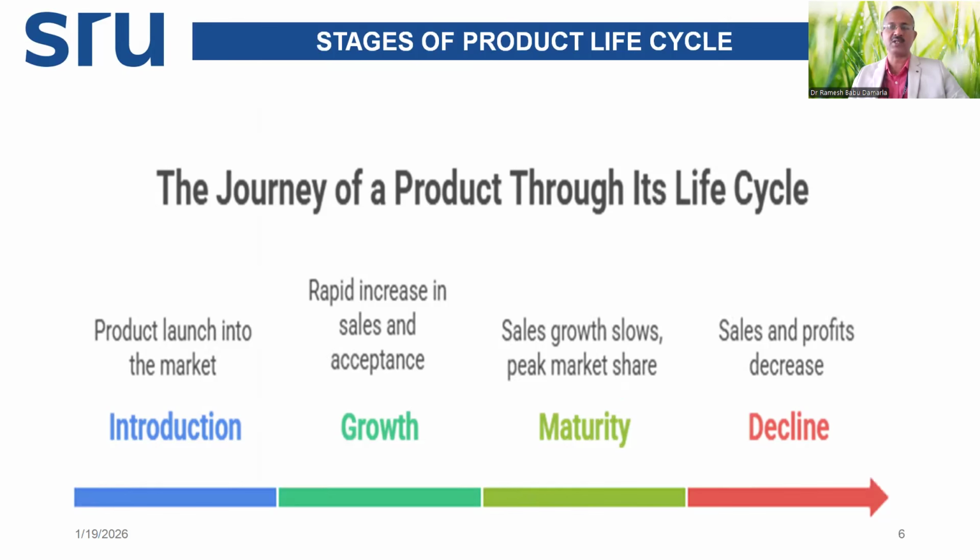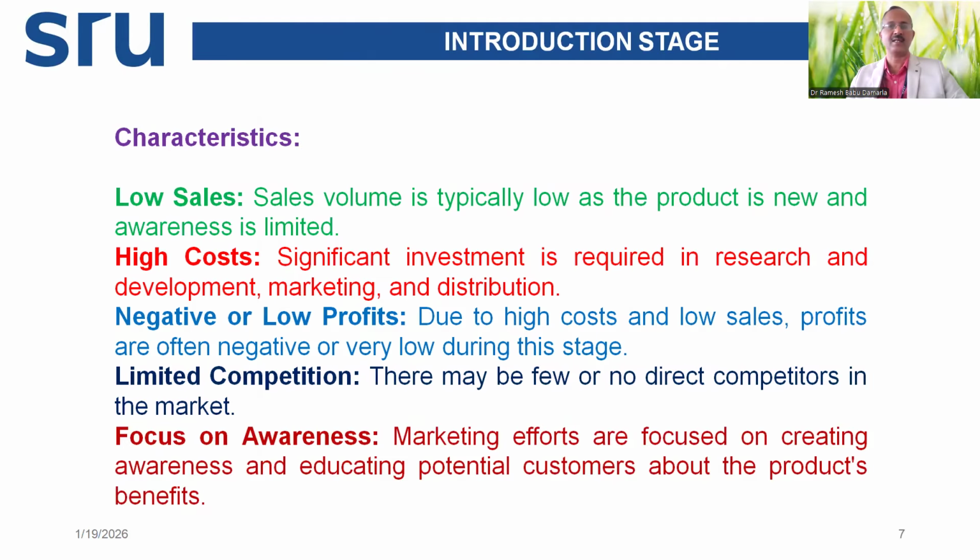It's also called the maturity stage. Then the fourth stage, the sales and profits decrease because of market conditions and change in the people's taste. It's called the decline stage. Now let us see the characteristics of the product life cycle at each stage.